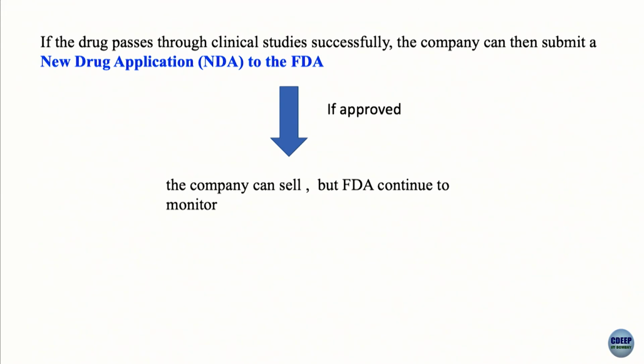Before this, what application did they file after preclinical? IND, investigational new drug application. Now after the clinical trial it is NDA, new drug application, and if that is approved, the company can sell the drug, but this drug has to be monitored.